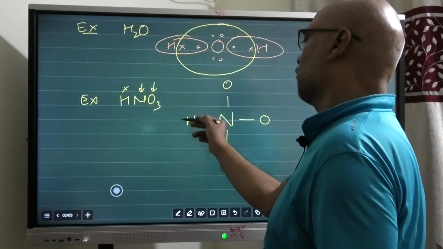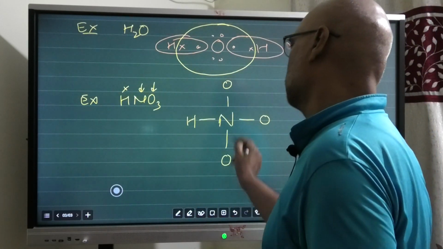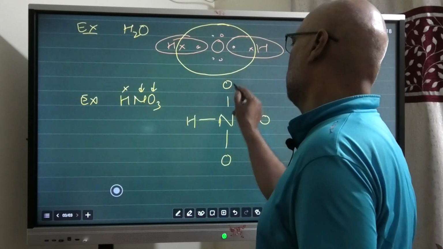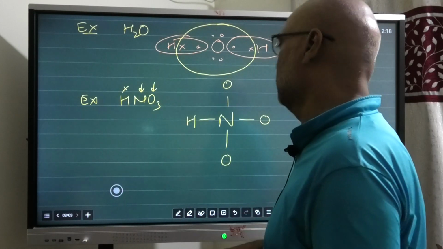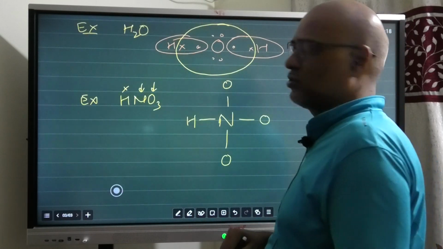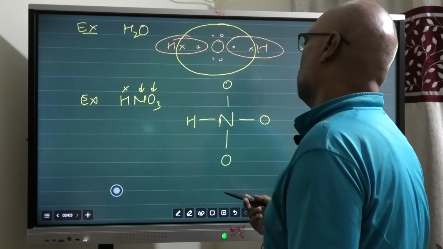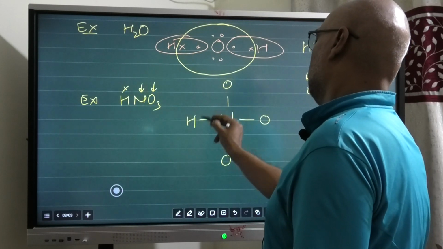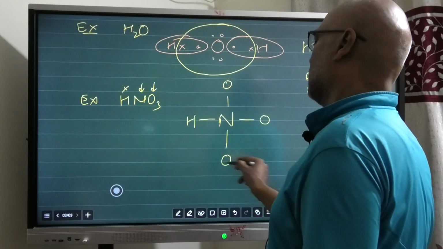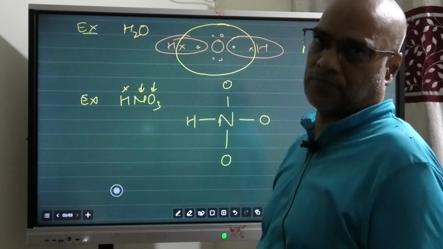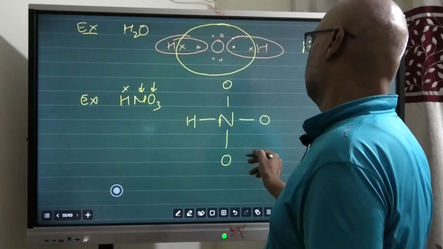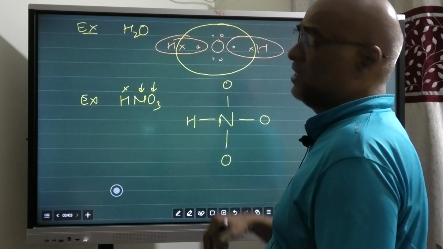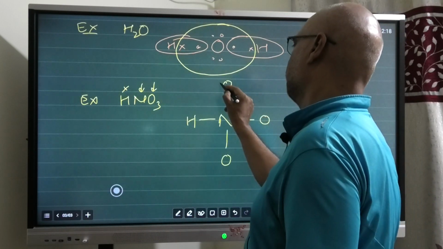So hydrogen we will go for the duplet thing. So duplet thing is done. Nitrogen octet thing is already done, 1, 2, 3, 4, 5, 6, 7, 8, right? We have to complete the octet of oxygen. So how to complete the octet of oxygen? See, in this type of arrangement, you will see that each oxygen will complete its octet like this.